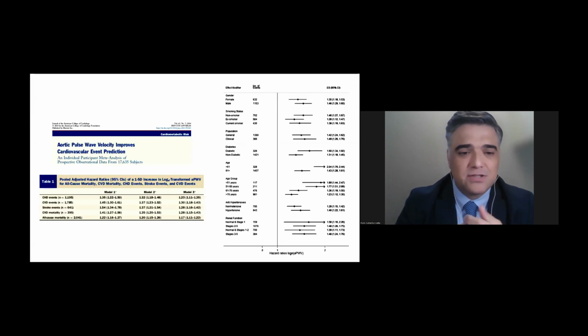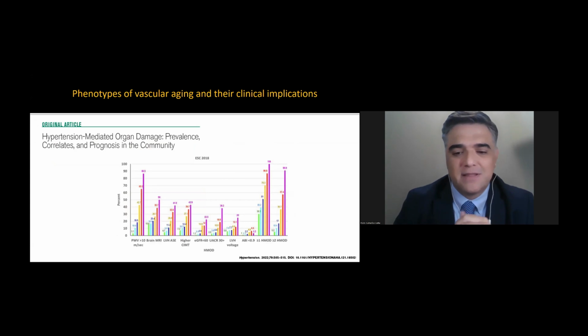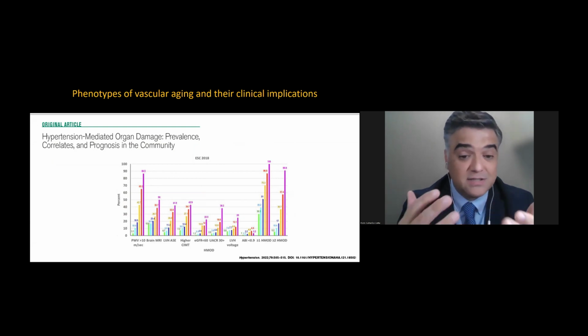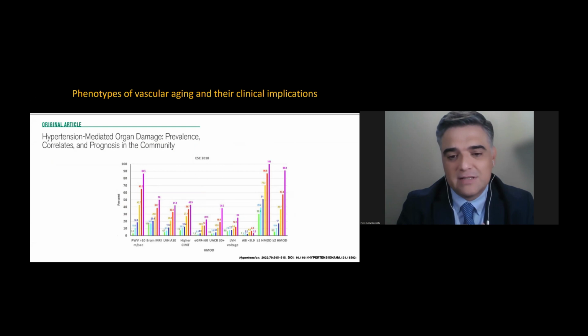This is particularly true for this second meta-analysis that shows that, particularly for younger age, pulse wave velocity is a very important marker of cardiovascular disease and mainly cerebrovascular events. But the evidence that I want to highlight today is the one coming from Framingham, showing that pulse wave velocity and arterial stiffness is the most prevalent hypertension-mediated organ damage in our patients.